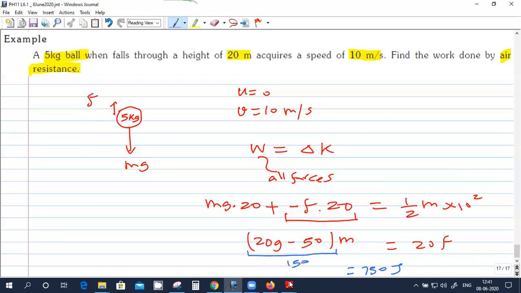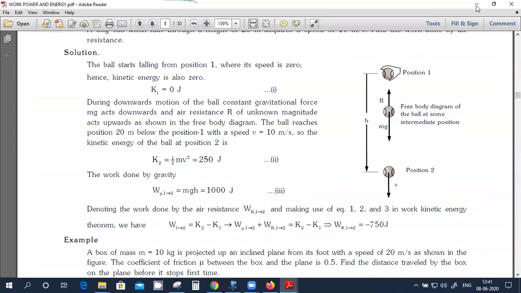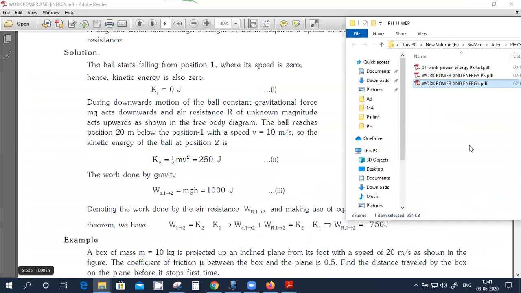Okay, in the previous chapters 3, 4, 5, how much of the Allen sheet have you done? Sir, I think Newton's laws of motion I had completed fully. Everything is clear.